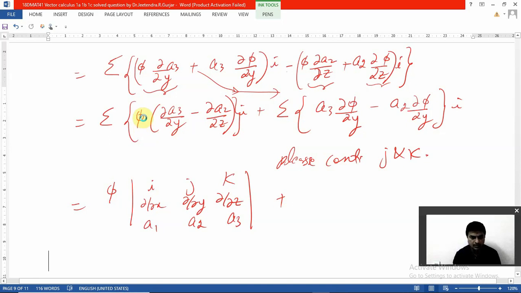Here there is no phi term, so directly I can say that the function here is dou phi upon dou y. So therefore this is going to become i j k, dou phi upon dou x, dou phi upon dou y, dou phi upon dou z.